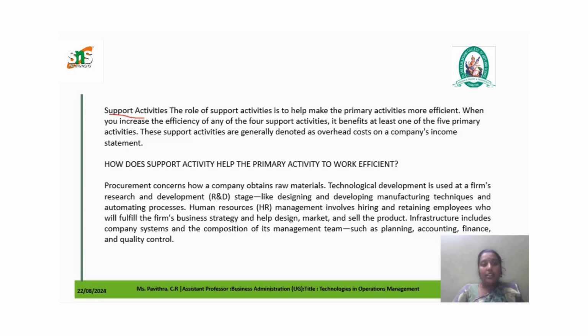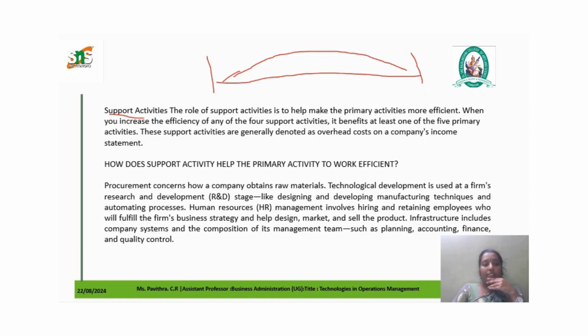Primary activity is the process involved from the beginning of the production of the product to the end of reaching those products to the consumers. All those steps involved between these two barriers are termed primary activity, whereas the support activity helps the primary activity align more smoothly to reach the end customer.